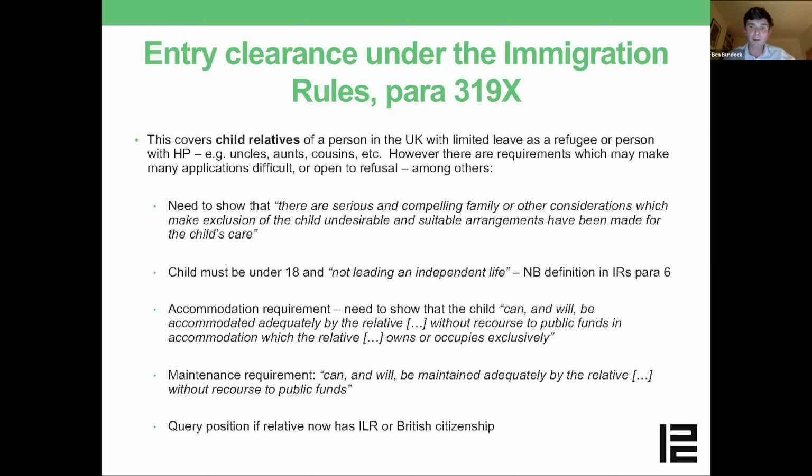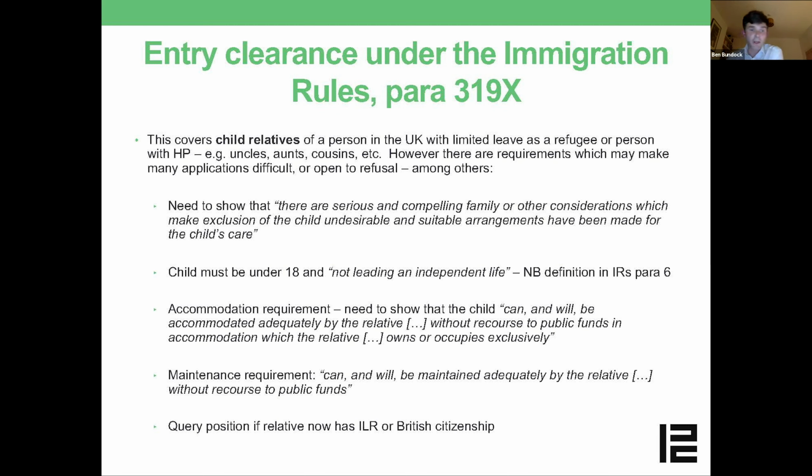That's defined in paragraph 6 of the immigration rules, and two parts of the test in particular seem to me like they might create a problem for this kind of case, because it needs to be shown that the applicant, the child, is wholly or mainly dependent on their parent, or in this case, the relative, for financial support, and wholly or mainly dependent on the relative for emotional support. It strikes me that there may well be many of the cases that would previously come through under Dublin where those requirements might present a barrier.